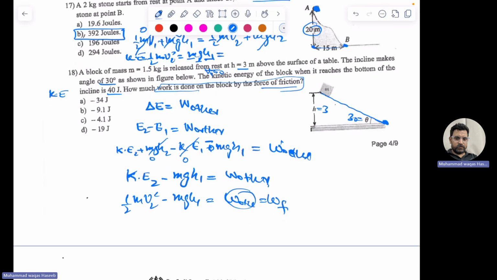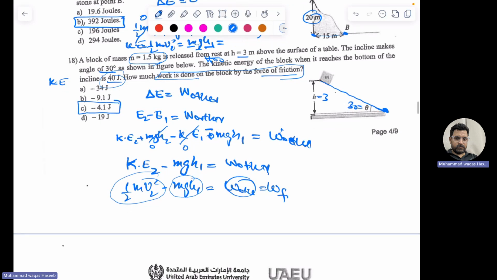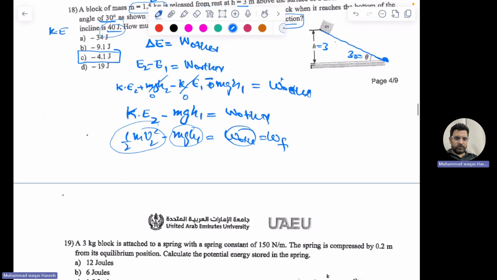Just substitute the values, you have everything: mass, kinetic energy, and g and h, and you will get 4.1 joules.